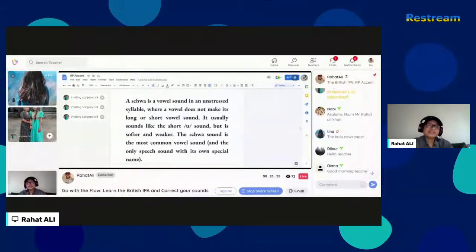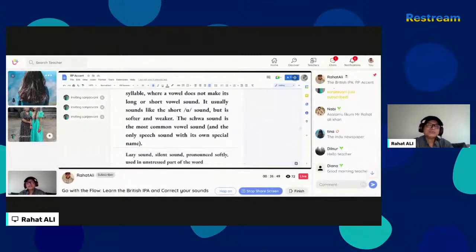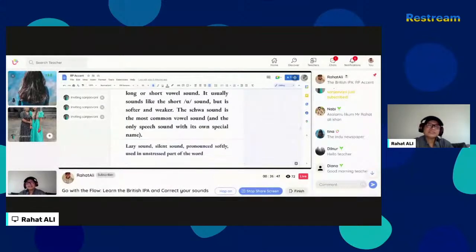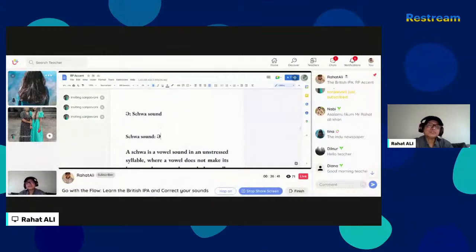It usually sounds like the short u sound. It is softer and weaker. The schwa sound is the most common vowel sound and the only speech sound with its own special name. The name is schwa, and it looks like this, a reverse small e.